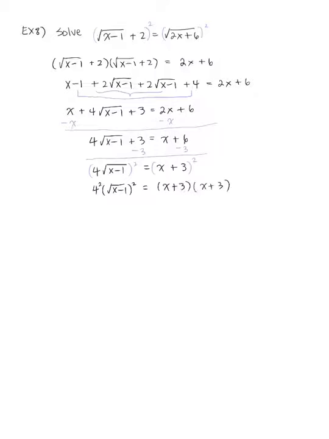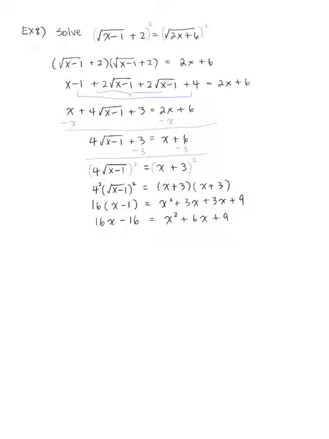Alright, so then we're going to have 16 times x minus 1 equals x squared plus 3x and then plus 9. I just FOILed it. So then we're going to have 16x minus 16 equals x squared plus 6x and then plus 9.